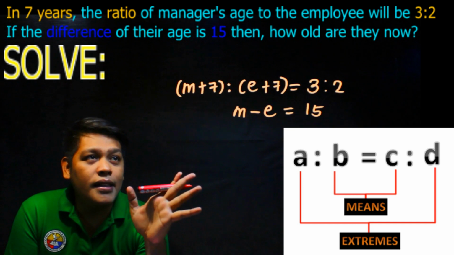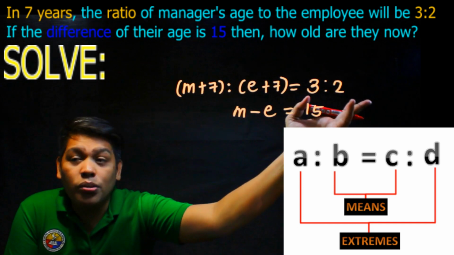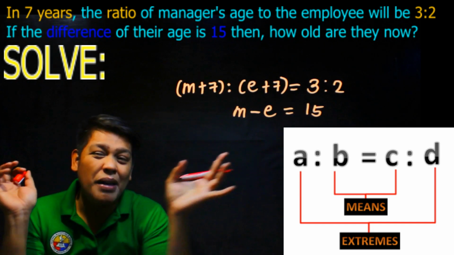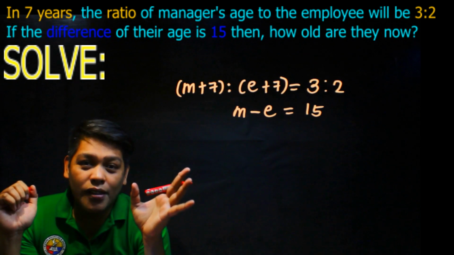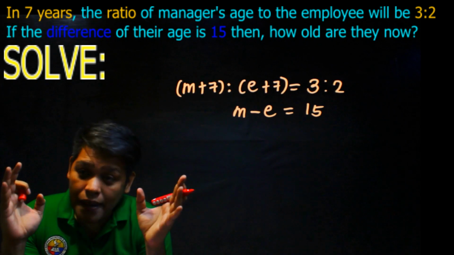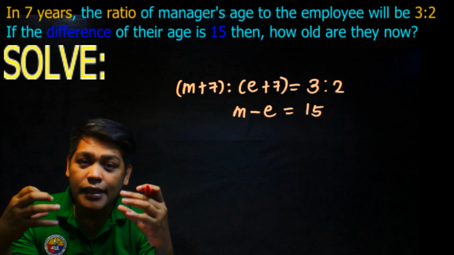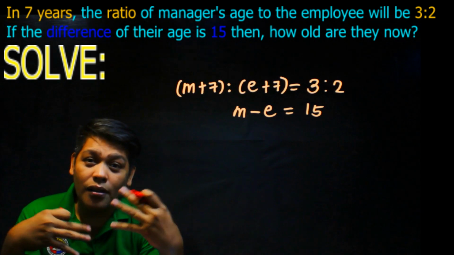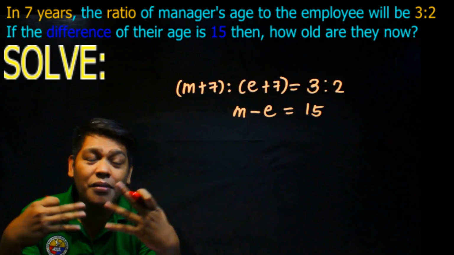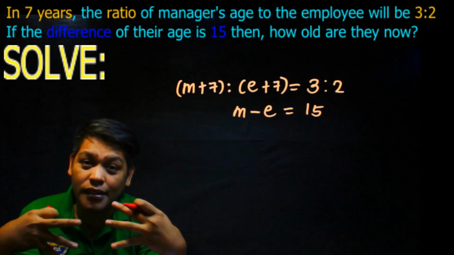Then M plus 7 and 2 are the extremes, the ones far apart. So the relation is that the product of the means is equivalent to the product of the extremes. So we need to multiply the means and the extremes.